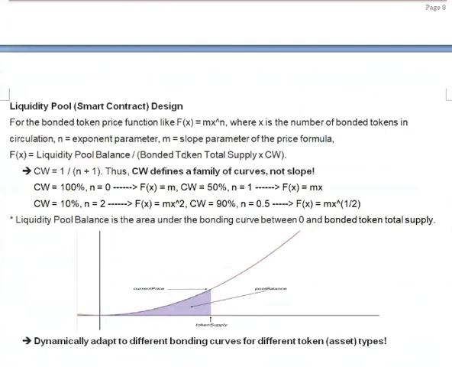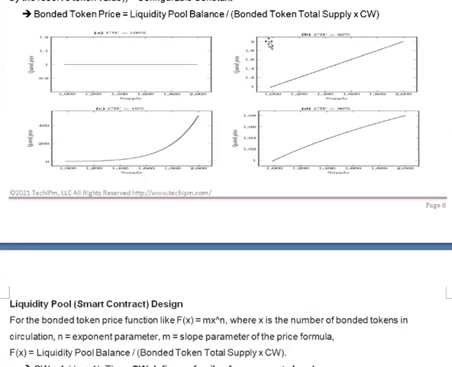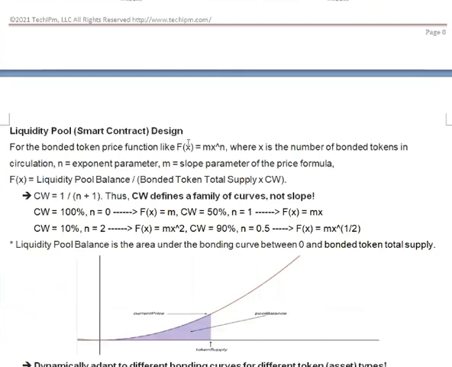And then liquidity pool design wise, this is a liquidity pool design, which means how you can design a smart contract. So the bonding token price function, for example, is a function of some mathematics, like a power function. And then you can have a relation between everything I define in here and this function.